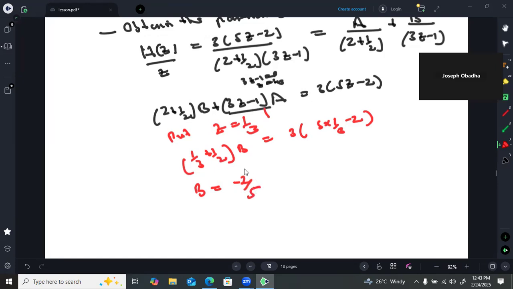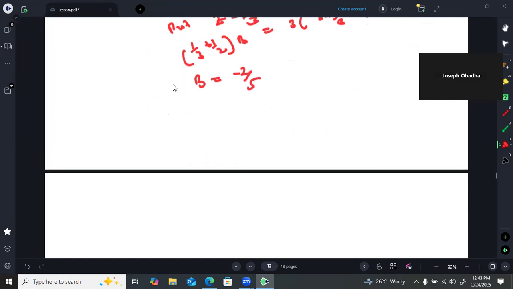If you follow the same procedure by reducing this to 0, by setting z equal to minus 1/2, you would obtain A equal to 27 over 5. Make sure you try and confirm that these are the constants that you will get.